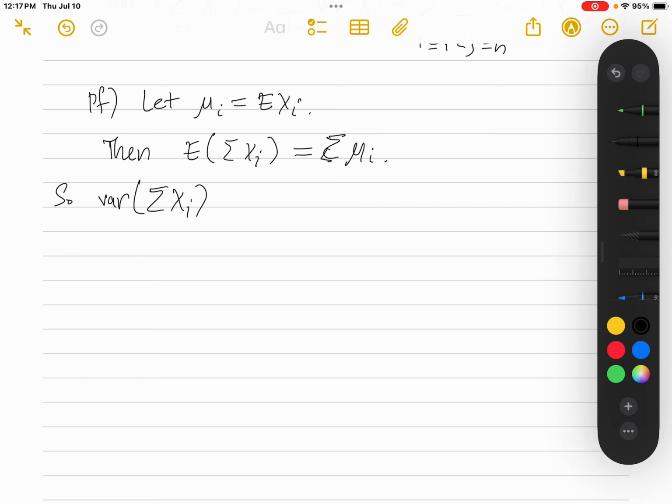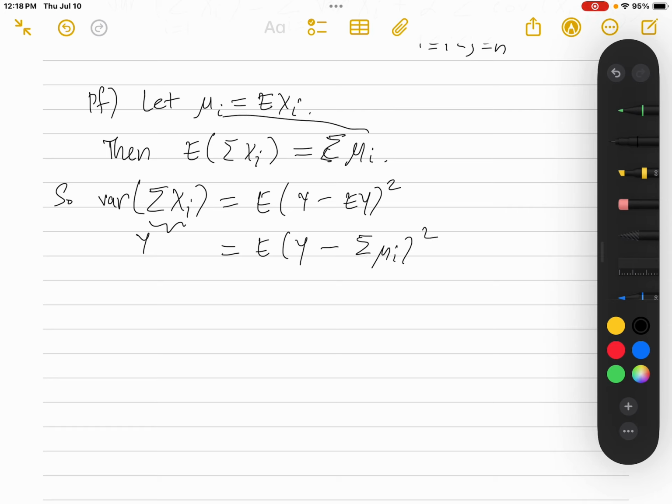Well, by definition, let's call the sum y to make this easier. This is the expectation of y minus the expectation of y, squared. That's the definition of the variance. So it's the expectation of y minus the sum of the mu i, squared, because in terms of our notation, the expectation of y is the sum of the mu i's.